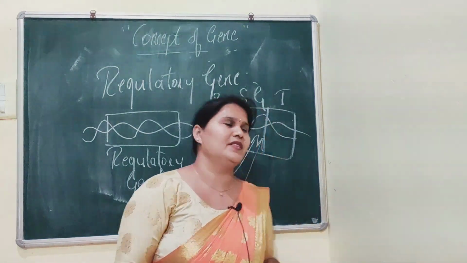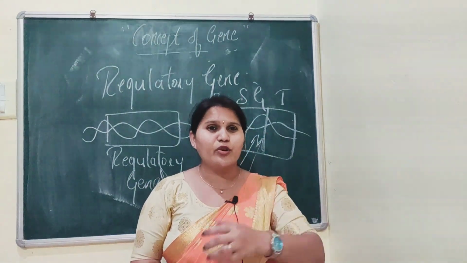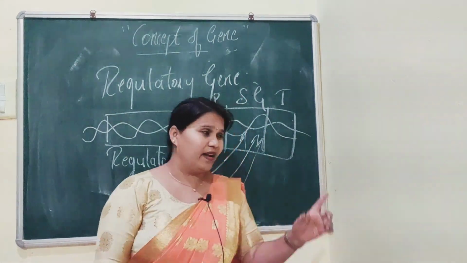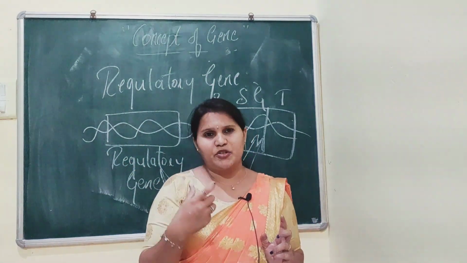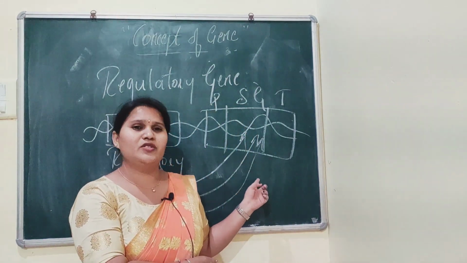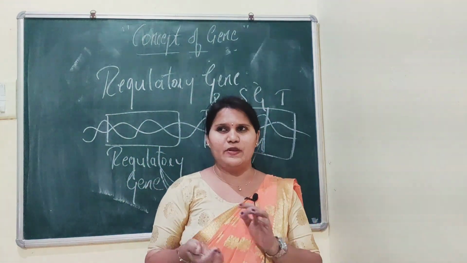So in the same way, this regulatory gene will act as the CR in order to control the noise you people are making, and here in order not to alter the function which these particular genes have to do. Clear? So this is about the regulatory gene.